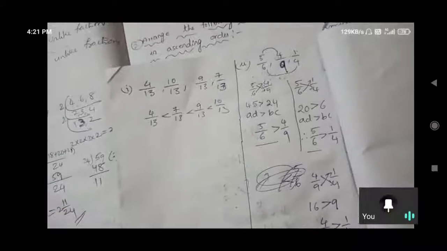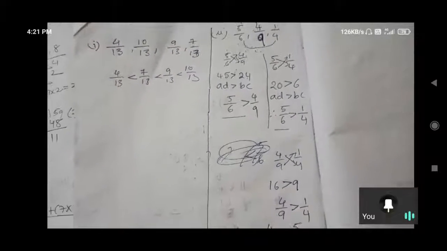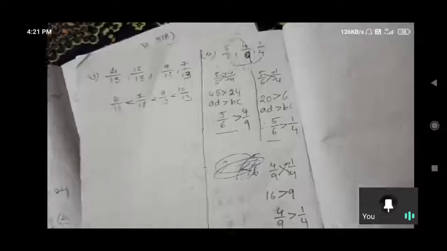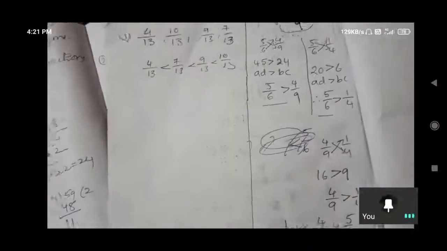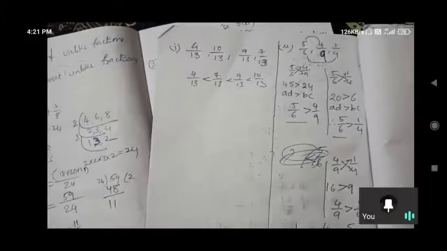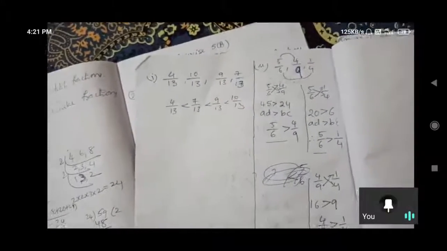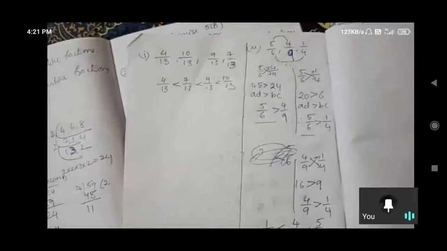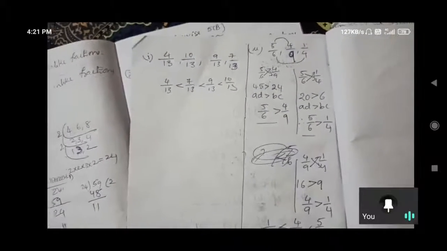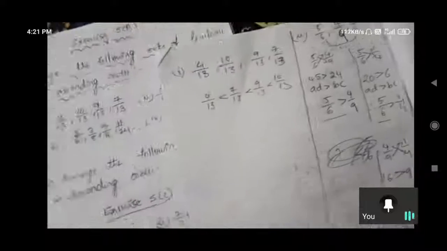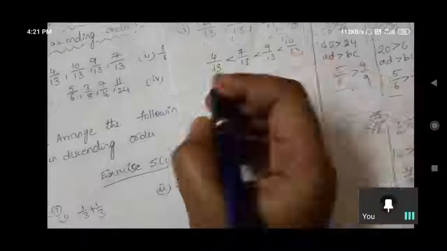Only in the case of unlike fractions with different numerators do we need to do all this checking: AD greater than BC, or AD less than BC, or AD equals BC. So like that.